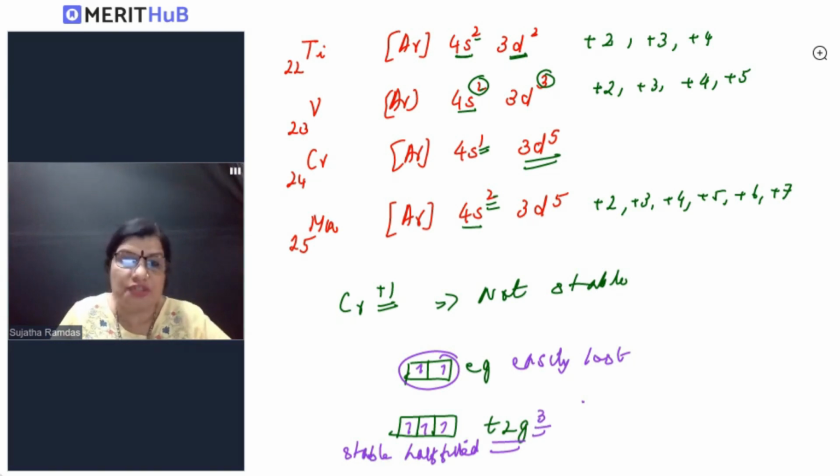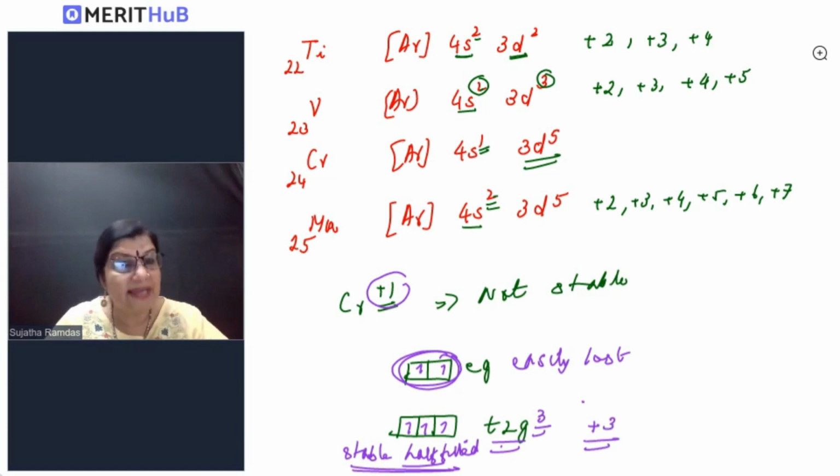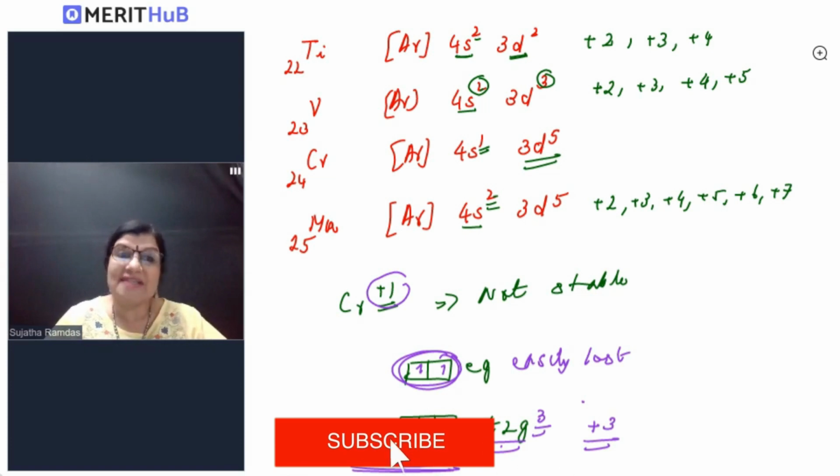We want 3 electrons in the t2g orbital to attain a stable half-filled state. Since this is more stable, after 1 electron is lost, if 2 more electrons are lost, we arrive at this stable half-filled t2g state, and therefore the +3 oxidation state is more stable than the +1 oxidation state in chromium.